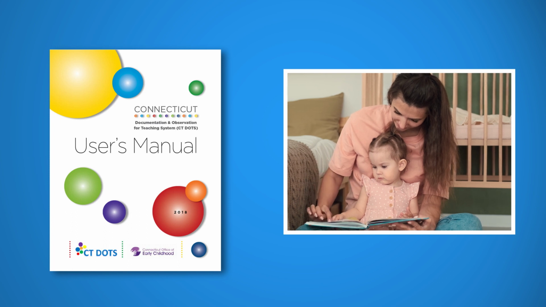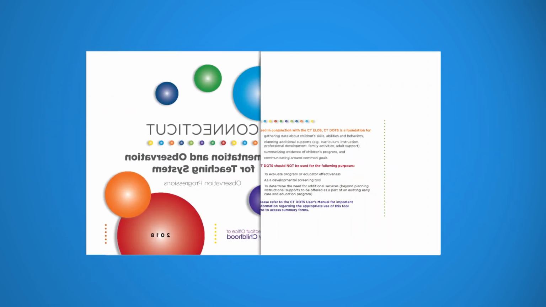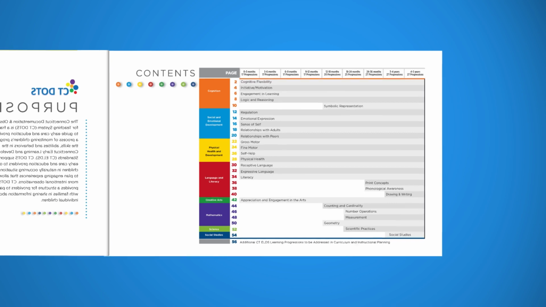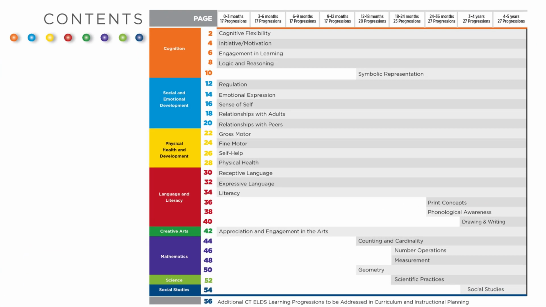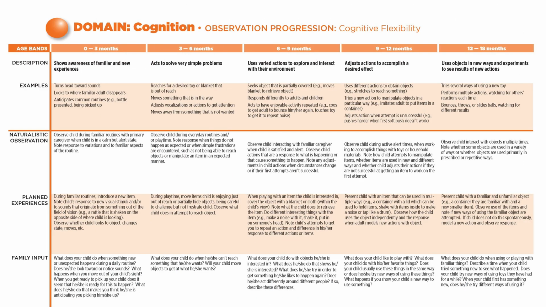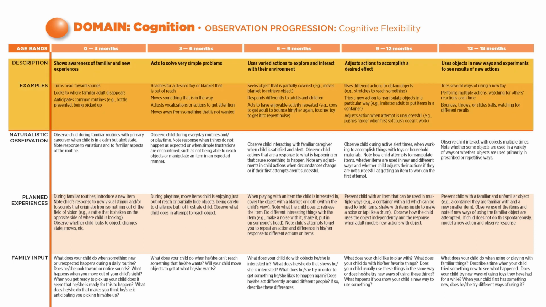The CT DOTS system is organized by domain, observation progression, and age bands. Each domain in CT DOTS appears in a different color. Some domains have only one observation progression, while other domains have multiple observation progressions. For each observation progression, the first 2 rows include a general description of the behavior or skill to be observed for each relevant age band, and examples of how a child might exhibit the skill being described.